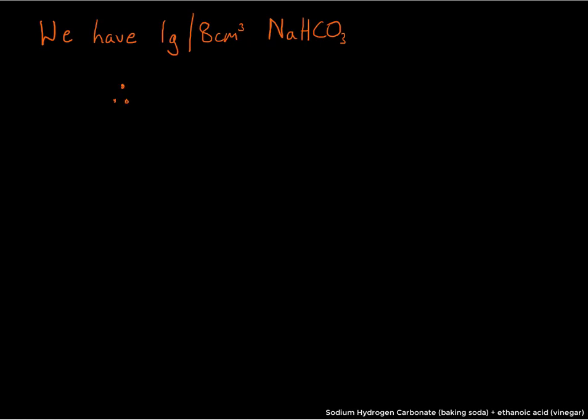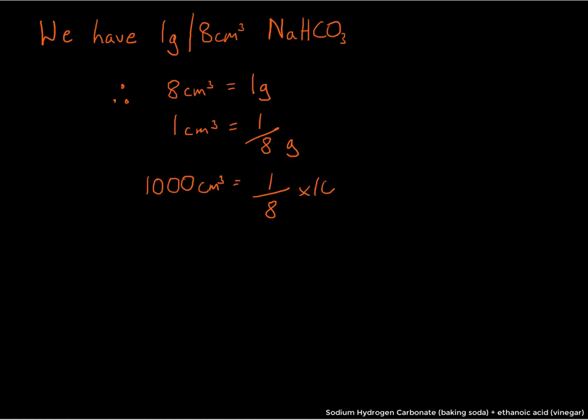Therefore, if 8 cubic centimeters equals 1 gram, we can say 1 cubic centimeter would equal 1 divided by 8 grams. And so we can say 1000 cubic centimeters, 1 litre of course, would be 1 divided by 8 multiplied by 1000. This would give us 125 grams.